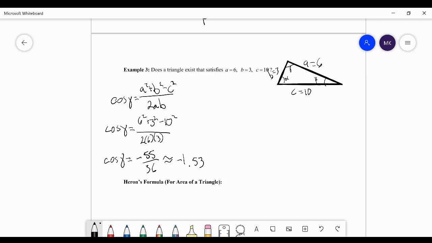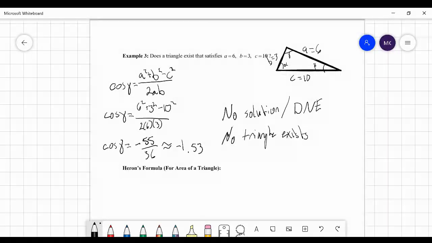So therefore, say something like no solution, does not exist, say no triangle exists, right? Whatever the problem is asking for. But ultimately, it's no, right? Does a triangle exist that satisfies A equals 6, B equals 3, C equals 10? No is the answer to that. All right.